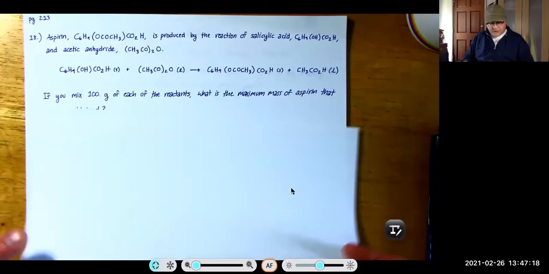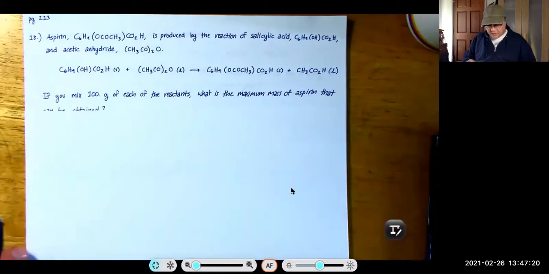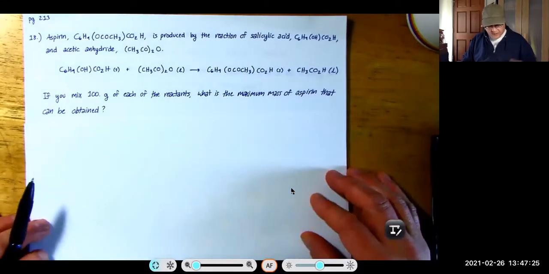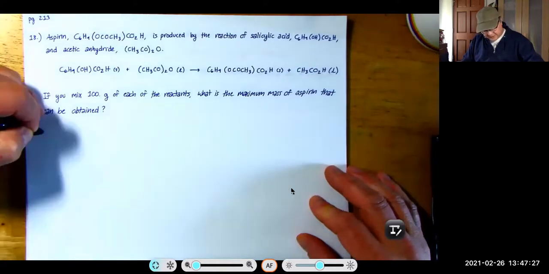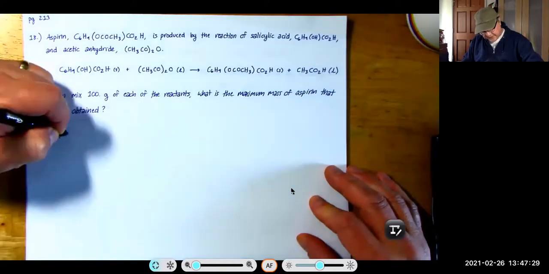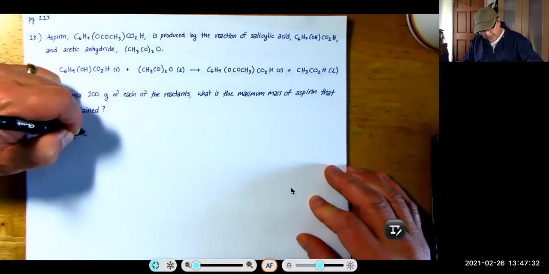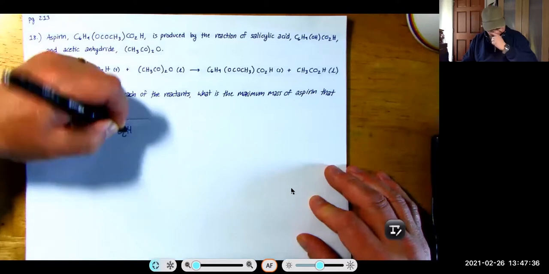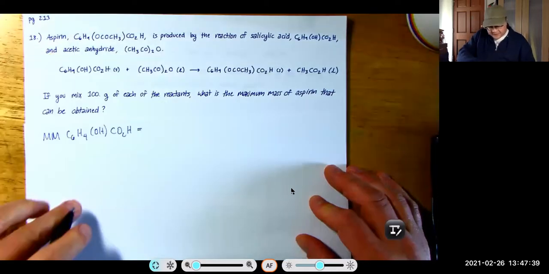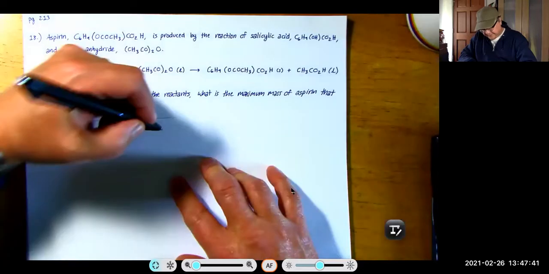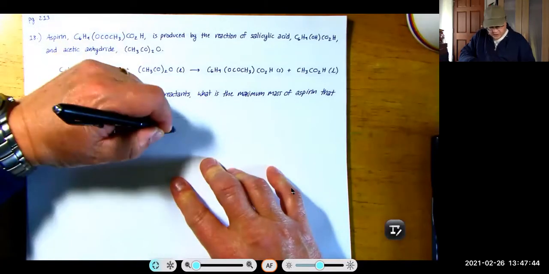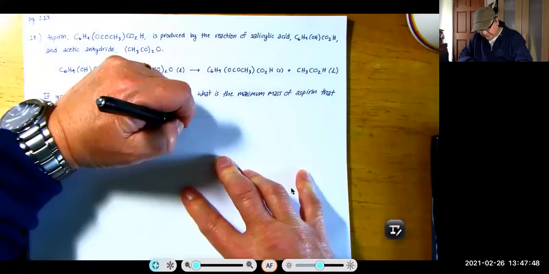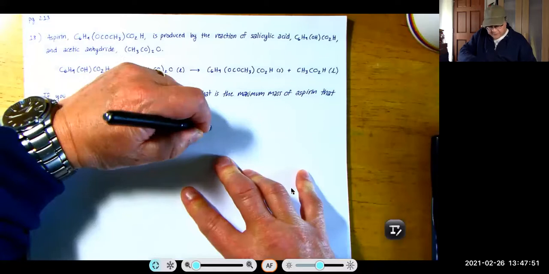So this one is a little bit more difficult just because the molar masses are more difficult to work with. So I'm going to go for the molar mass here of the C6H4OH CO2H. And it looks to me like there's 7 carbons, 4, 5, 6 hydrogens, and we have 3 oxygens.